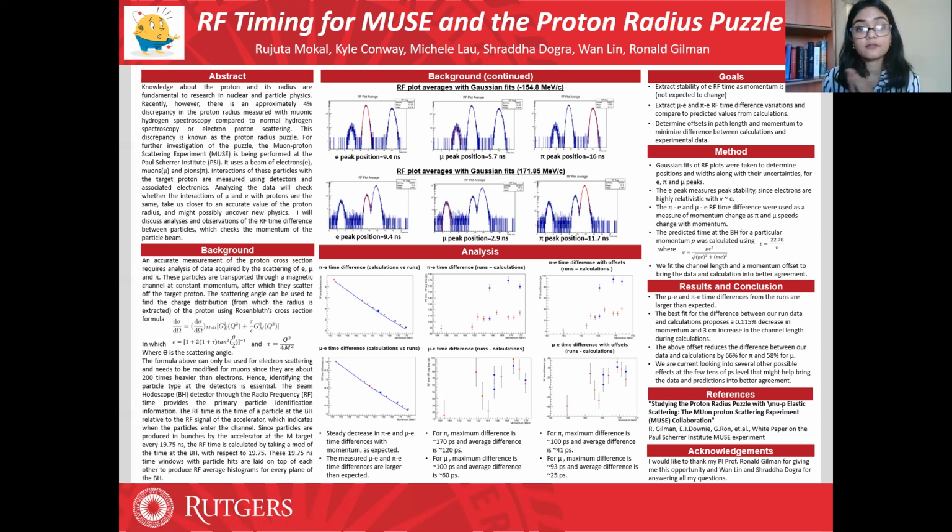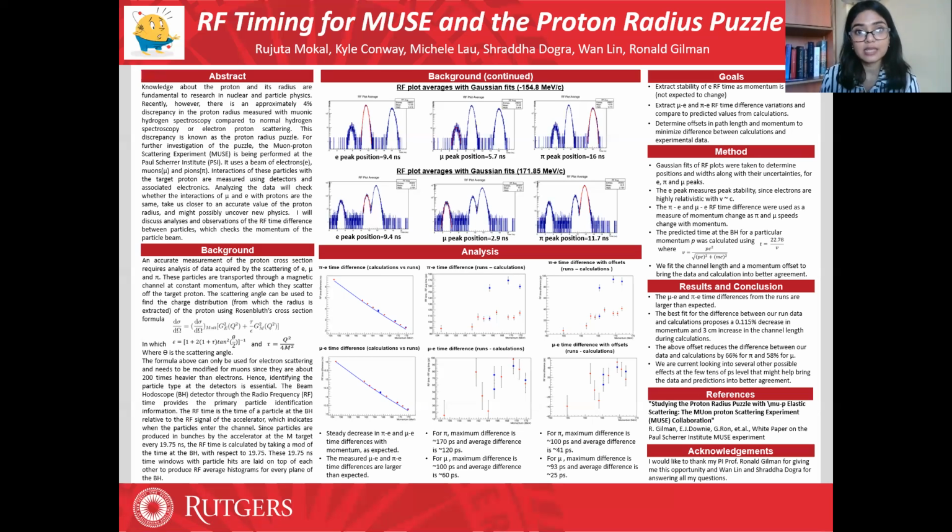This tells us that the values that we get from our runs are slightly larger or higher than we expect them to be. The actual differences between our estimated values and our runs are shown in the second column at the picosecond level, and we can see that the average difference for pions is about 120 picoseconds, and the average difference for muons is 60 picoseconds.